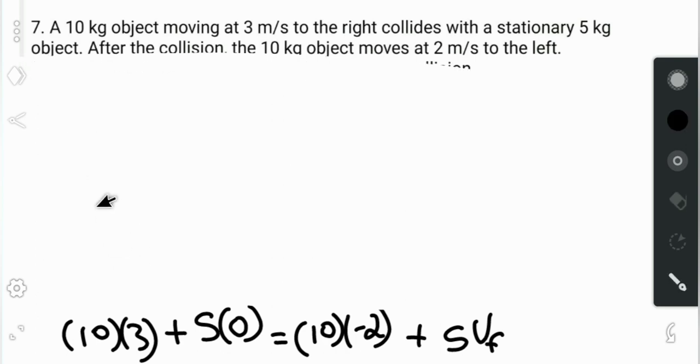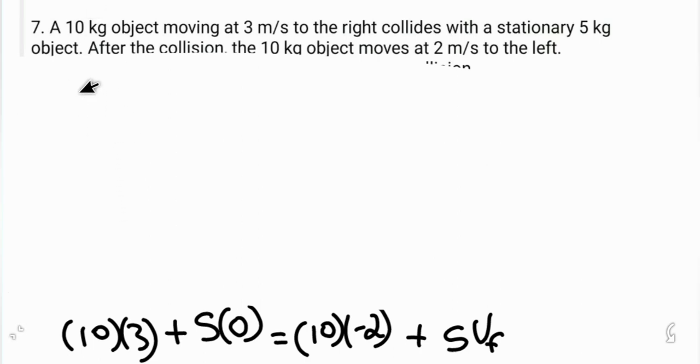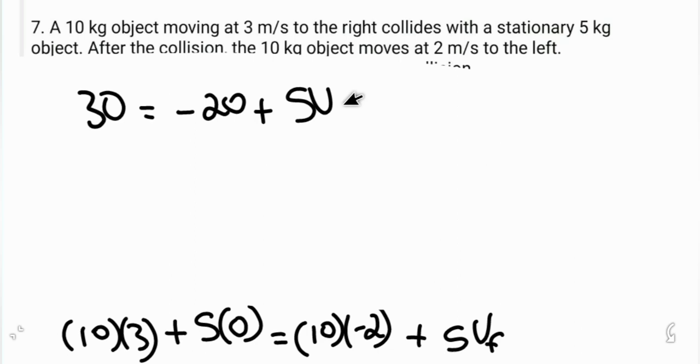Now 10 times 3 is 30, which is equal to 10 times negative 2, negative 20 kg meters per second, because this is momentum, plus 5 times the final velocity of the 5 kg block.